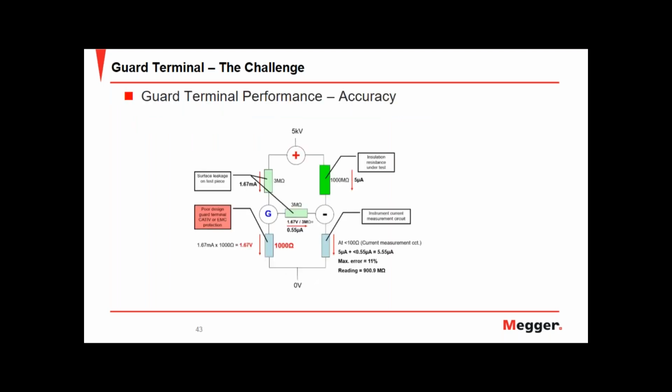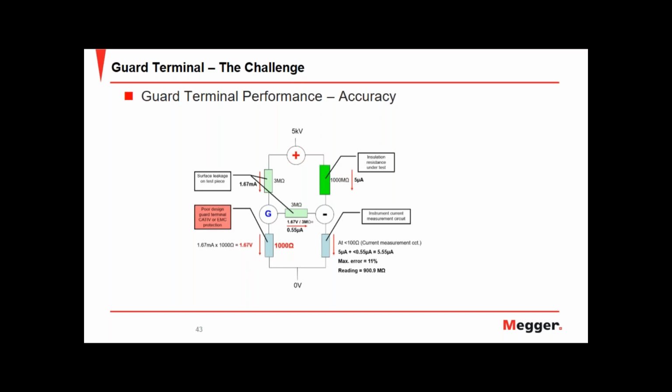The second challenge to overcome is accuracy. One way in which a competitor has found a way of getting their instrument to have some Cat 4 protection or additional EMC protection is they've used a 1,000 ohm resistor at the guard terminal to limit the voltage and current that the instrument might see in the event of a transient.